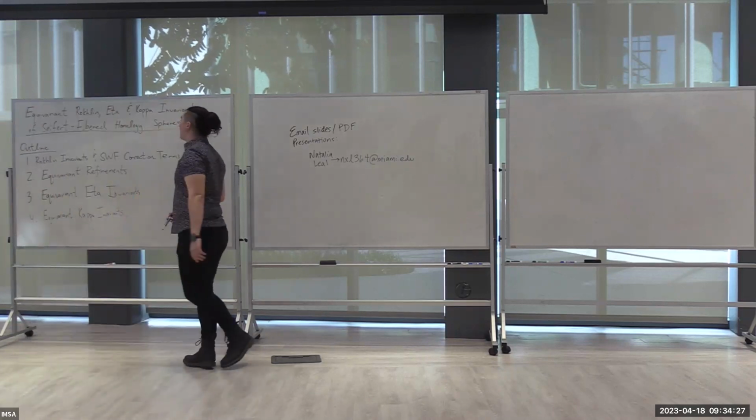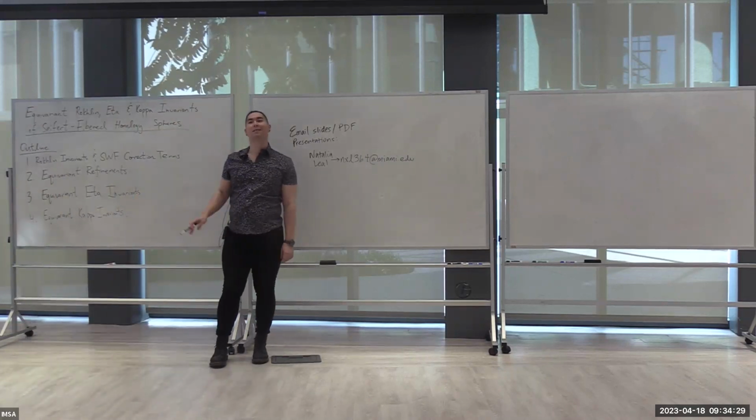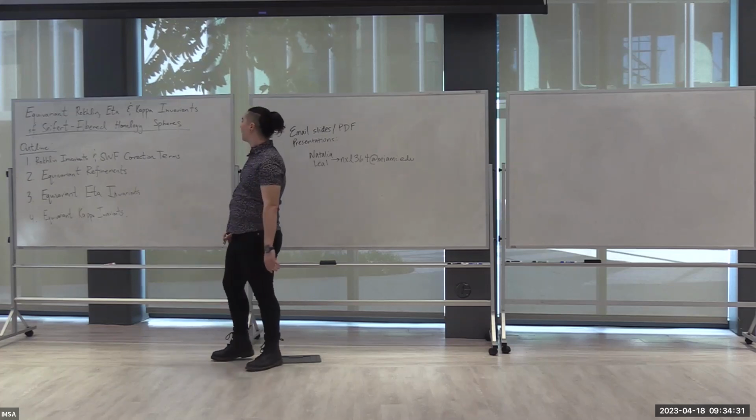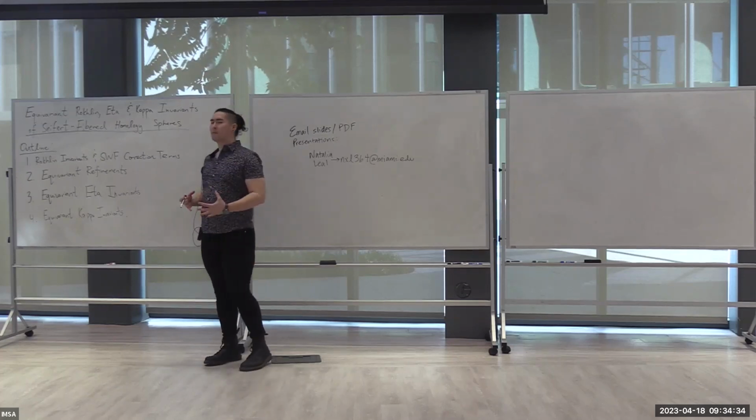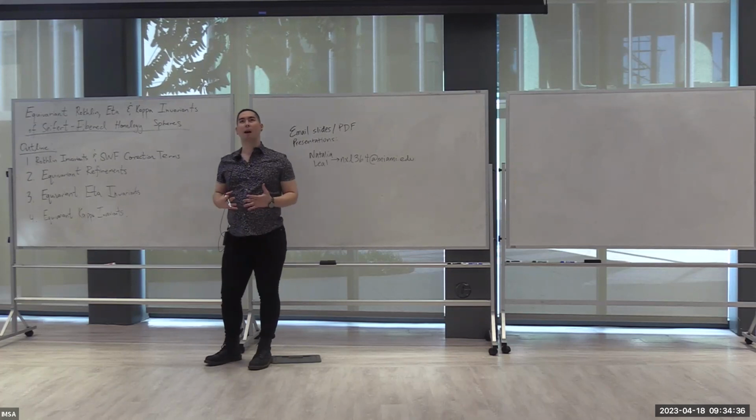So this outline might be a little too ambitious. See how it goes. But I think this talk is about using equivariant index theory in order to say something about topology.